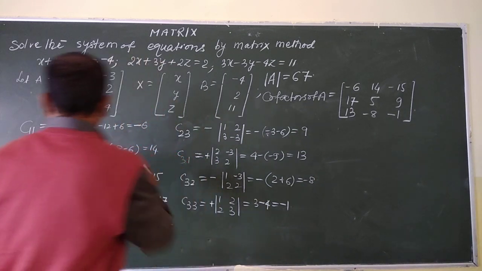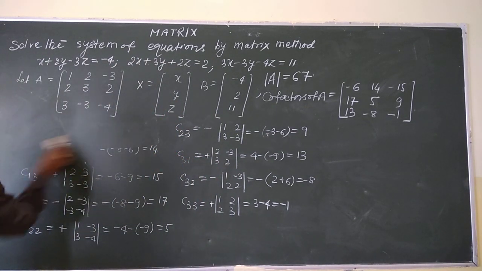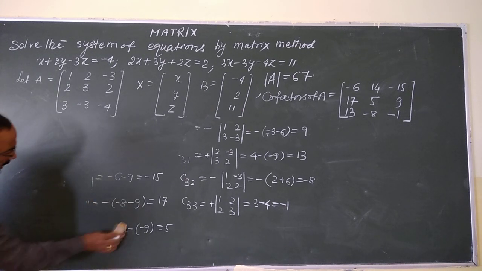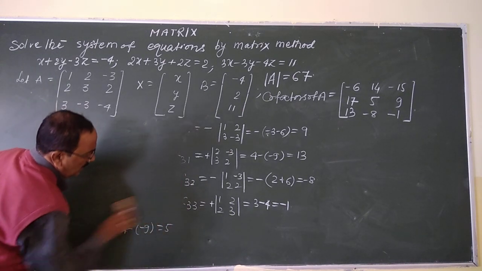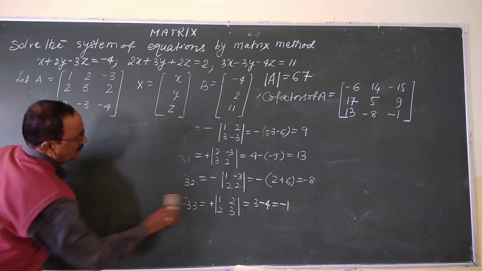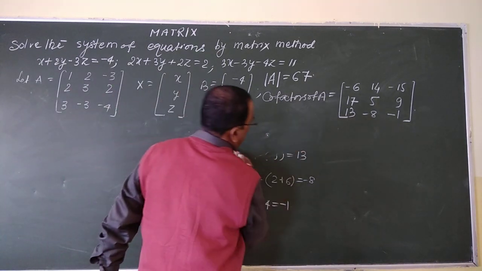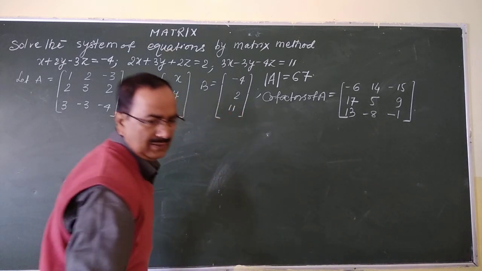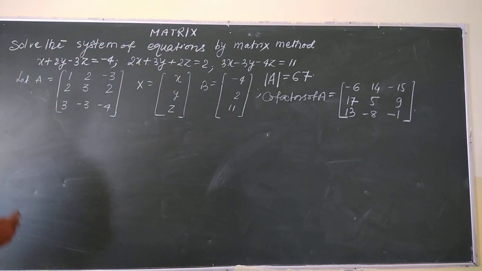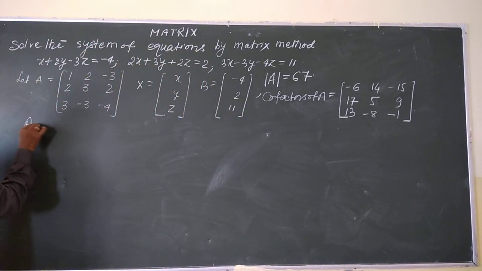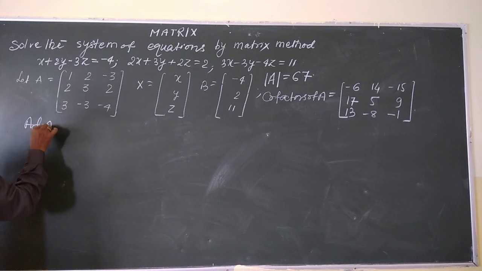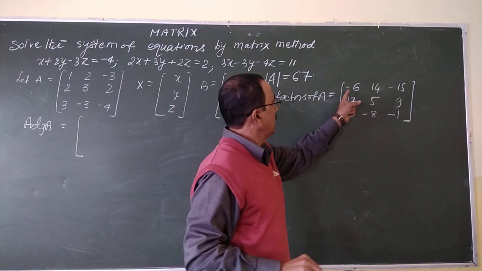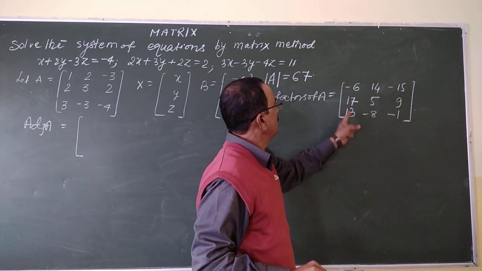This is the cofactors of A. The transpose of the cofactors of any matrix is known as the adjoint of the matrix. So adjoint A: now take the transpose of this matrix, change columns into rows.